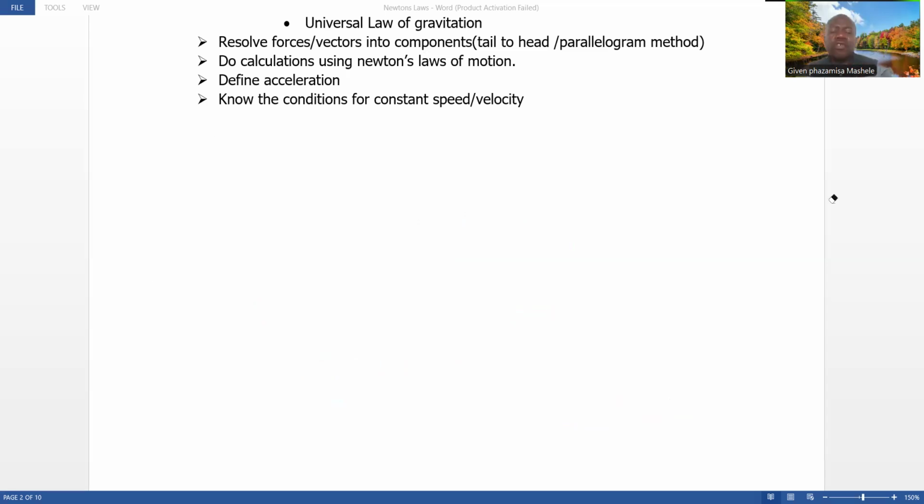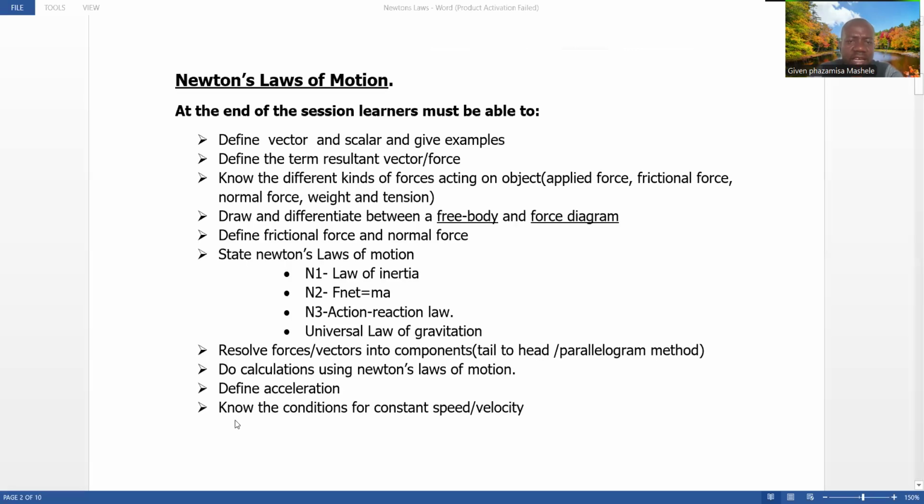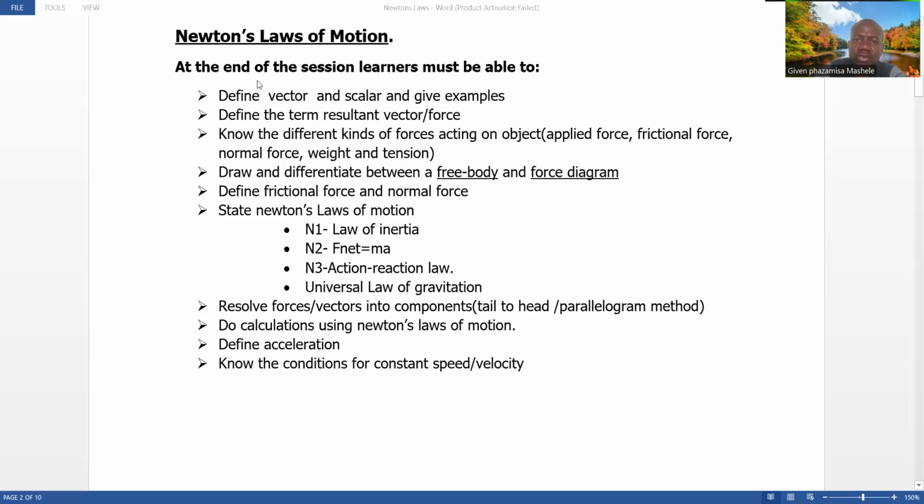Right. Let's go back to what I just said. We already went through the vector, the resultant force of vectors, the kinds of forces.